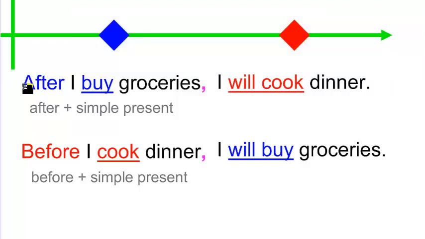You can use either after or before, but not both at the same time. And remember, with before or with after, you have to use the verb in simple form. Okay, never use other forms with before or after. Just simple forms. And that's it.